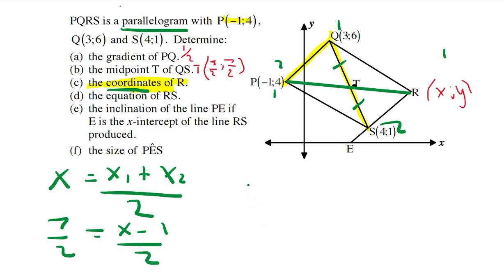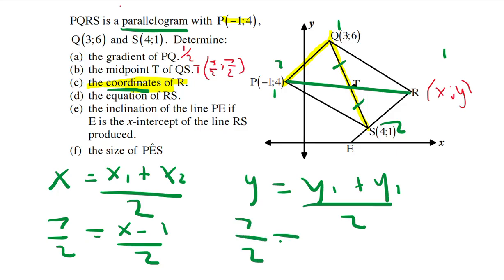What about y? Same procedure. So I'm just going to skip and let me just do it. Okay, this y, which will give us y1 plus y2 over 2. The y coordinate here at the midpoint is also 7/2, right?